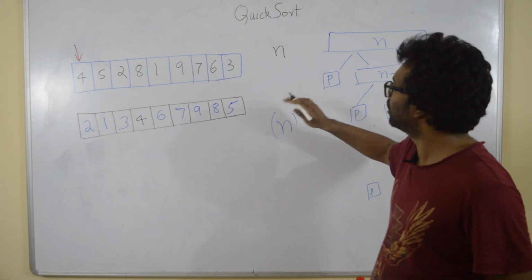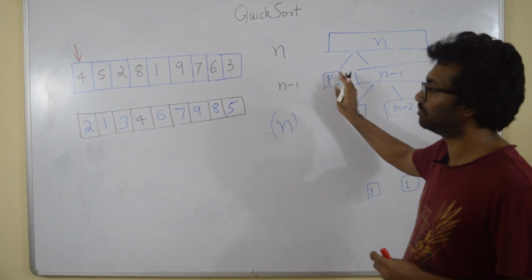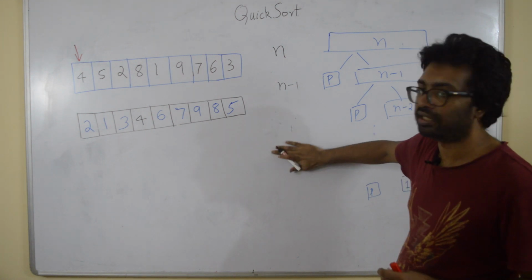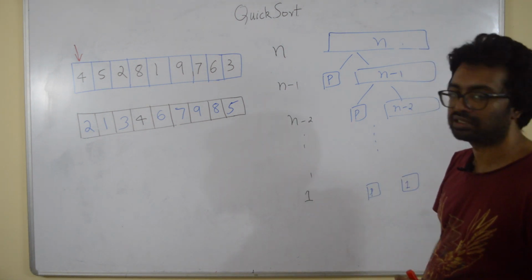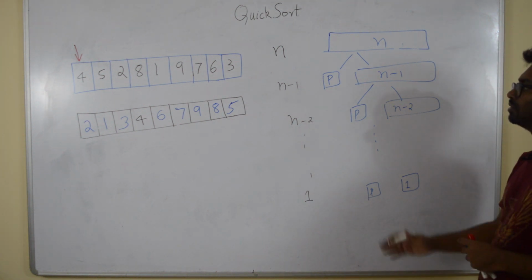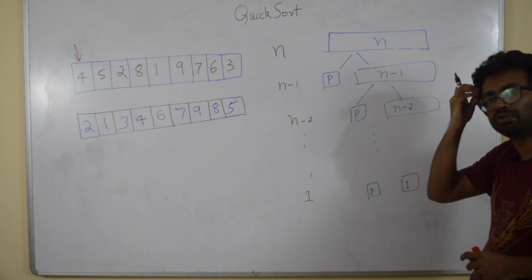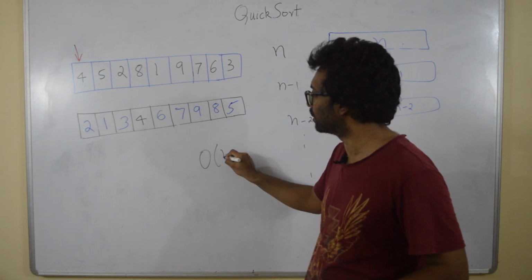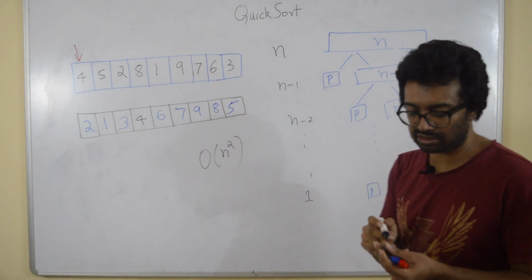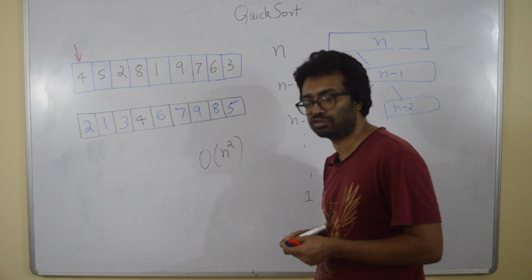It took n time, and here it takes n-1 because we have to walk through these n-1, and here it's going to take n-2. So finally, in the last case, it takes 1. So this much time is taken by Quicksort in the worst case, and this comes out to be the summation of this, which is order of n square. Right? So this is what happens in the worst case scenario for Quicksort.